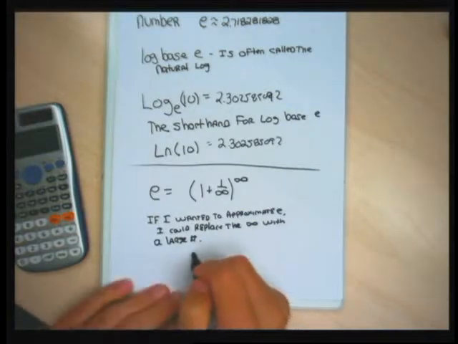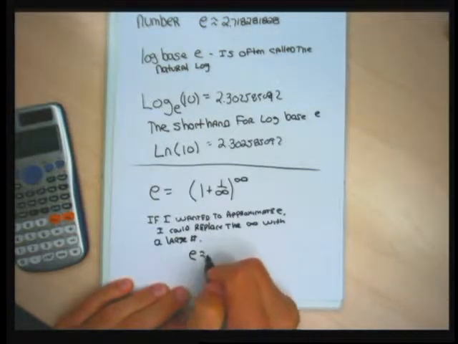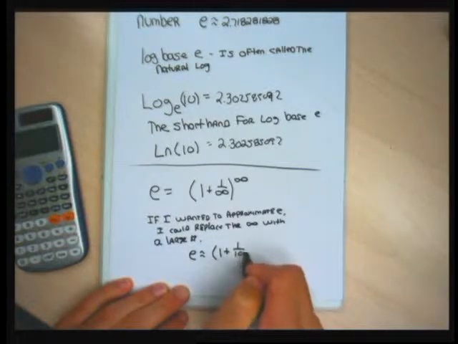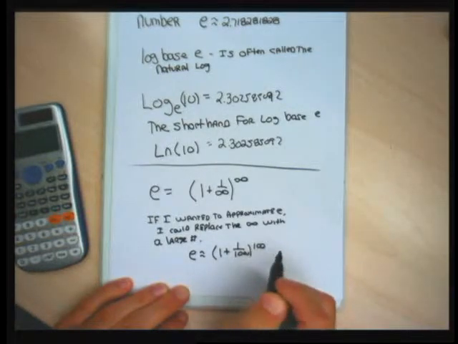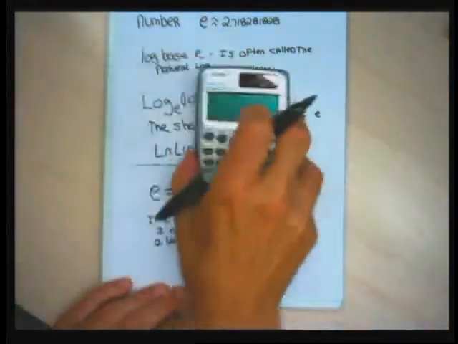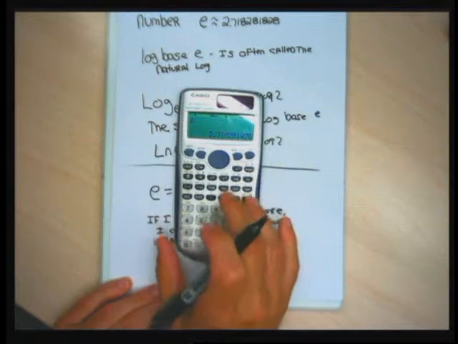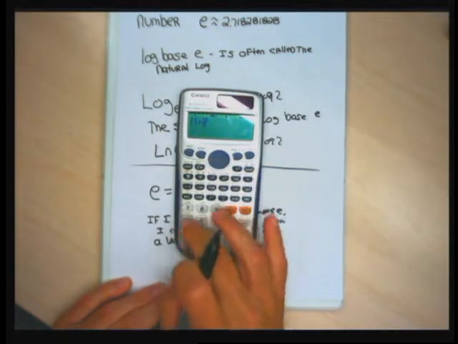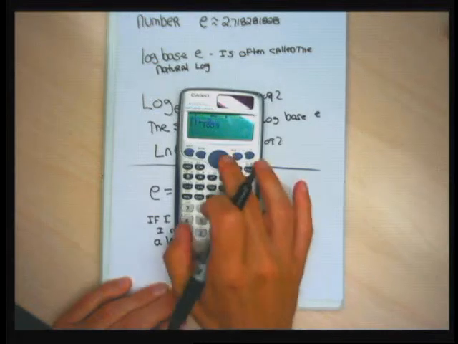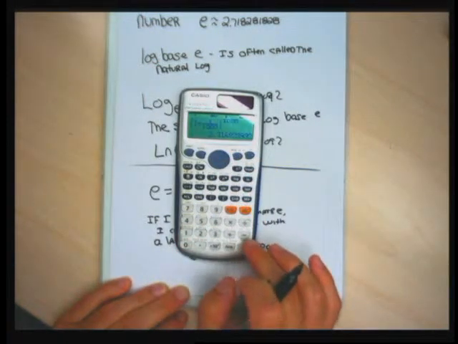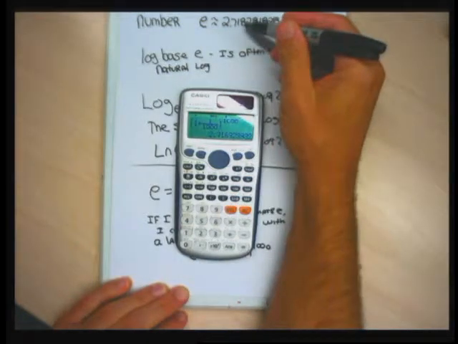So for instance, if I did 1 plus 1 over 1,000 to the 1,000th power, it's not going to equal e, but it's going to match up to e to a bunch of decimals. If you look at that, it's 2.716.